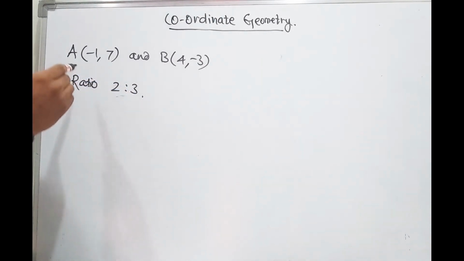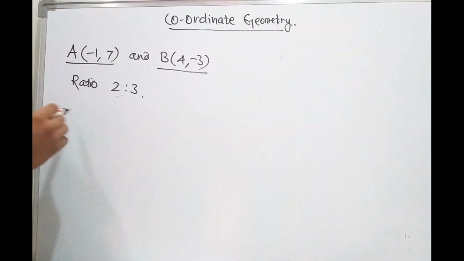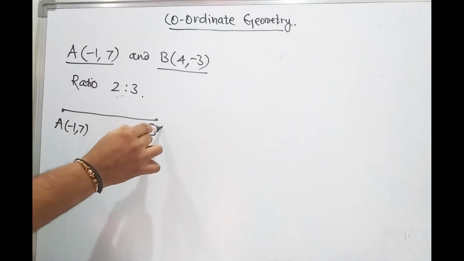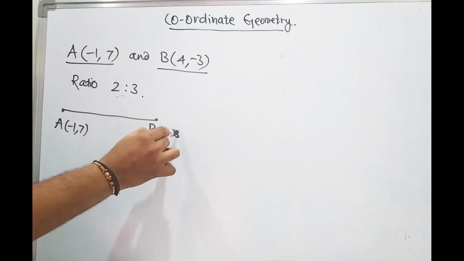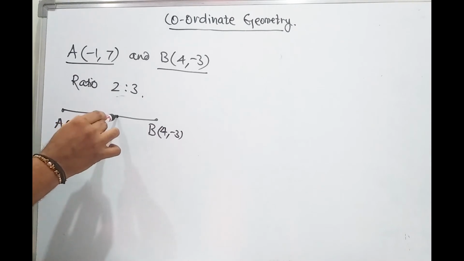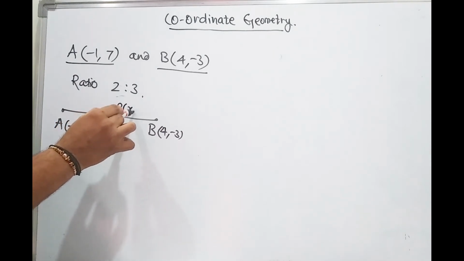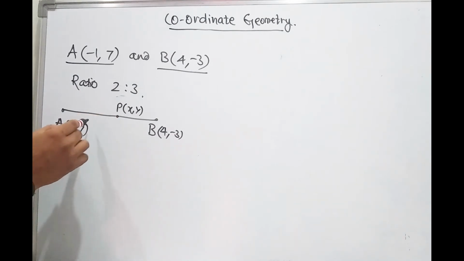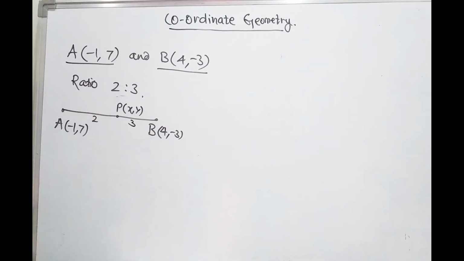Okay, so this is the segment AB. A is having the coordinates as -1, 7 and B is having coordinates as 4, -3, and this point P is there which is having coordinates x and y. This we are assuming, and this point is dividing the segment AB in the ratio 2:3.